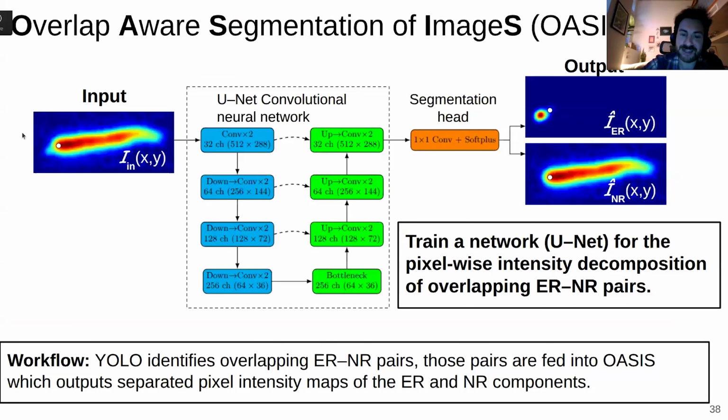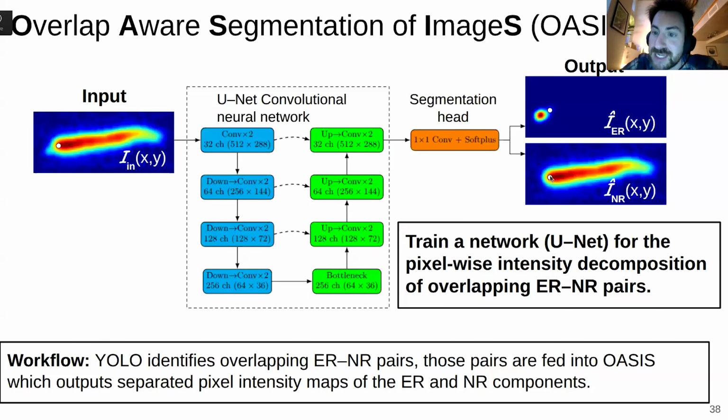I don't have time to do this full justice, but I'll say that our collaboration developed a segmentation regression framework. We call it OASIS, standing for Overlap Aware Segmentation of Images. I told you about that hybrid simulation that we make where we stitch simulated electron recoils to measured electron recoils.